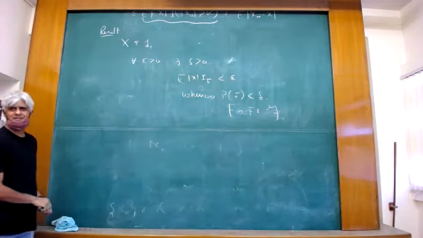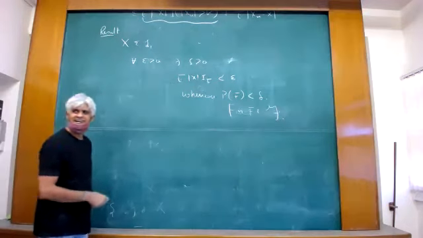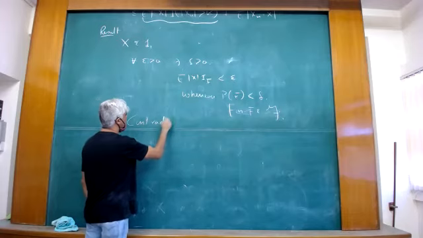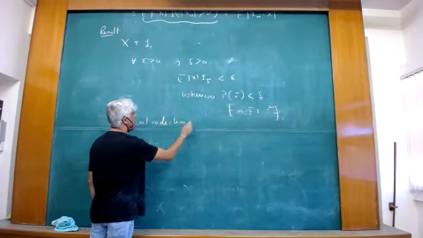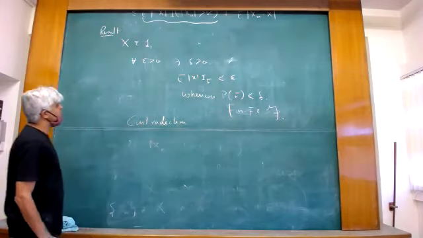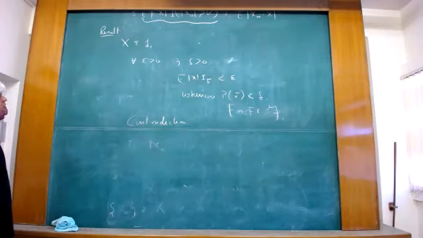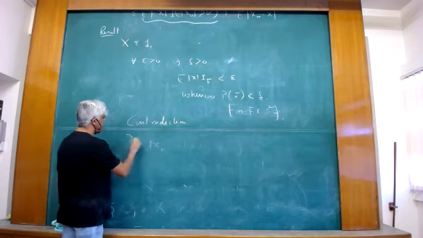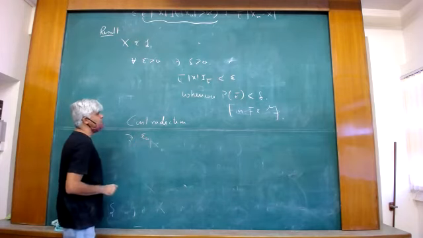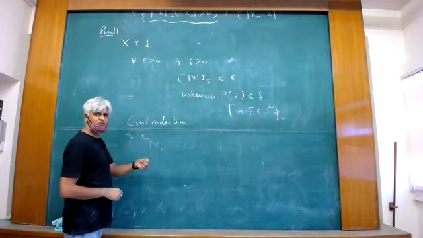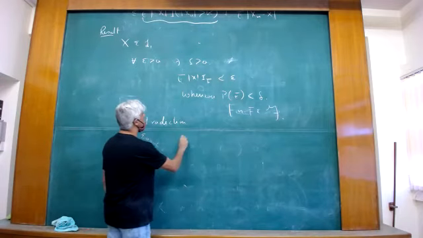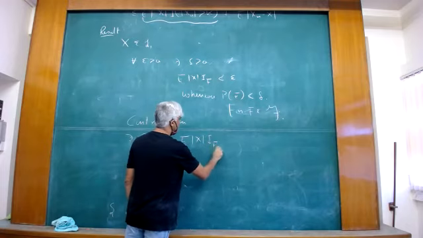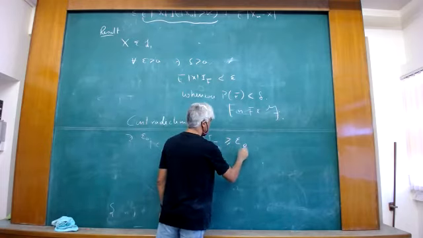So this is a proof by contradiction. Suppose this is not true. That means there exists epsilon 0 such that, no matter how small I take Fn to be, I get E of X indicator Fn greater than epsilon 0.